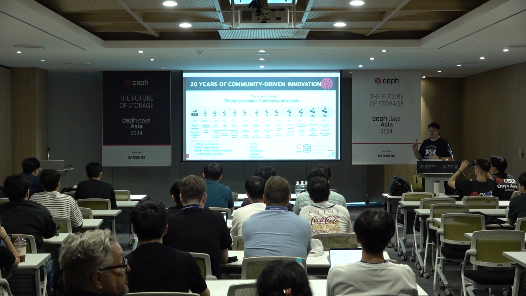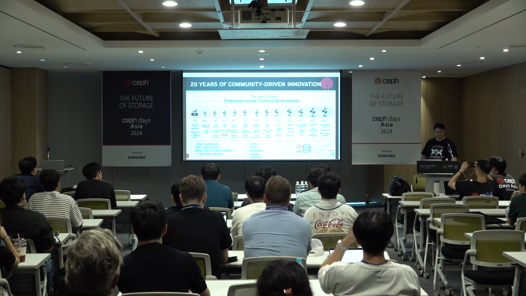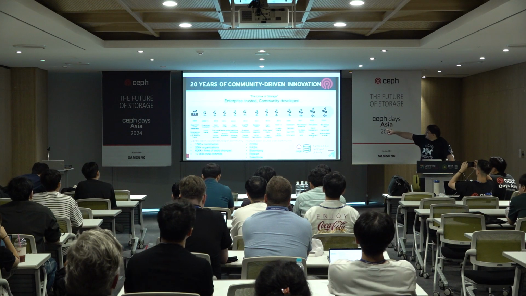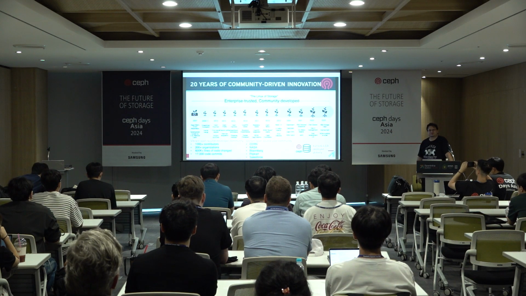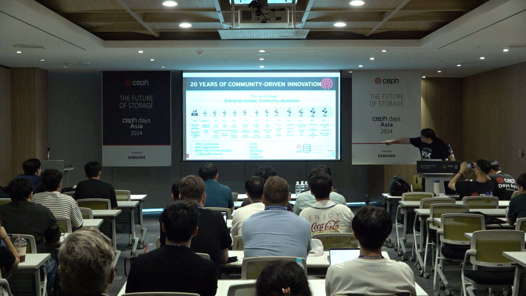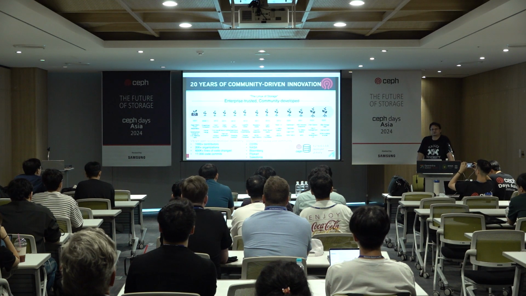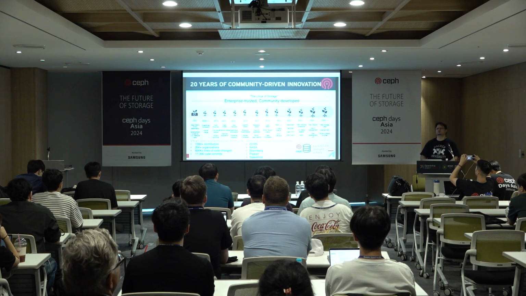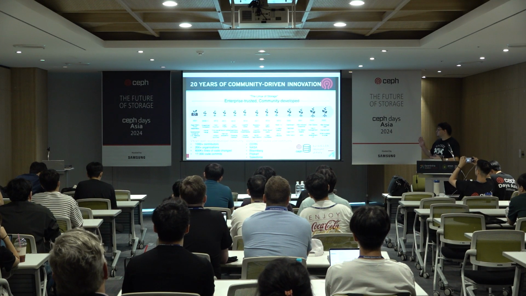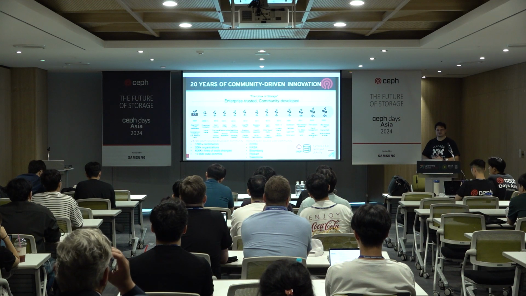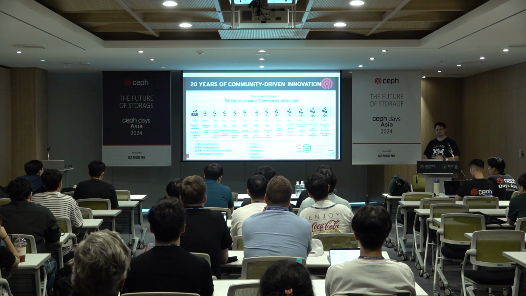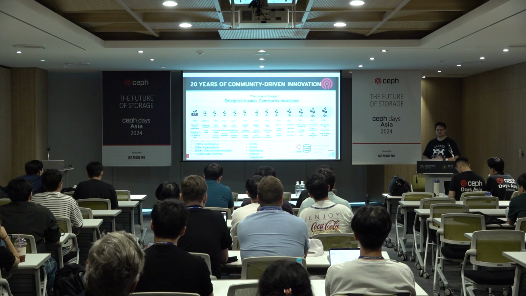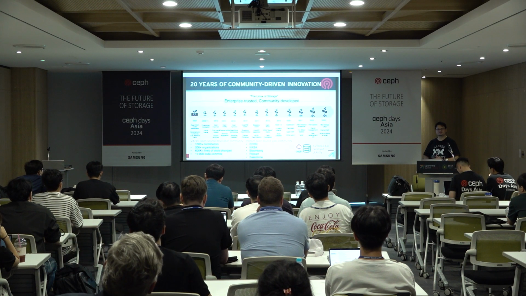In terms of history of Ceph, the reason why I have this slide is primarily that I'd like to point out this slide is an internal IBM thing to explain to management of Ceph. But the corner is our internal estimate of how much Ceph is out there, which we try to update twice a year. We estimate there are 6.5 exabytes out there based on the community survey, on the customers we have at IBM, the customers we have at Red Hat, the community usage that we know about as product managers.